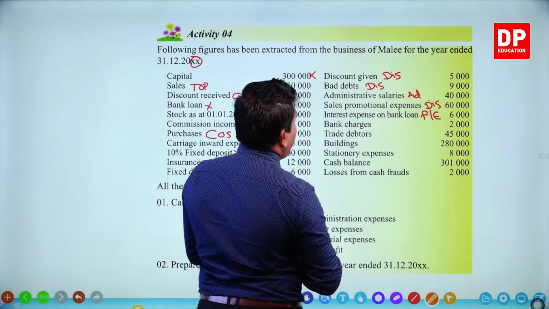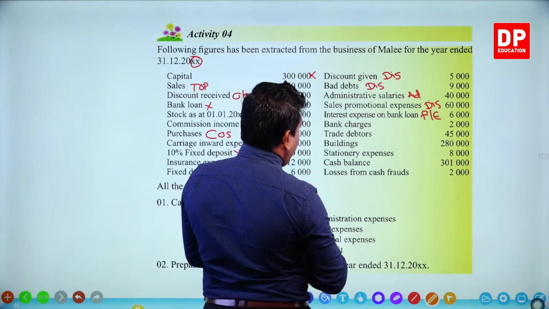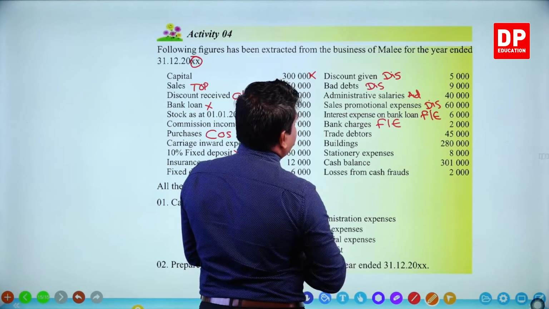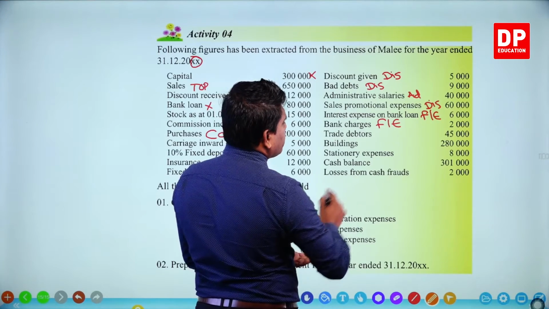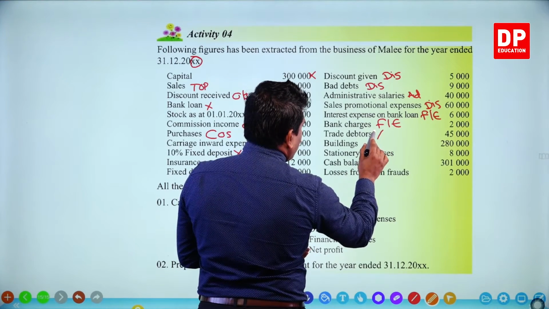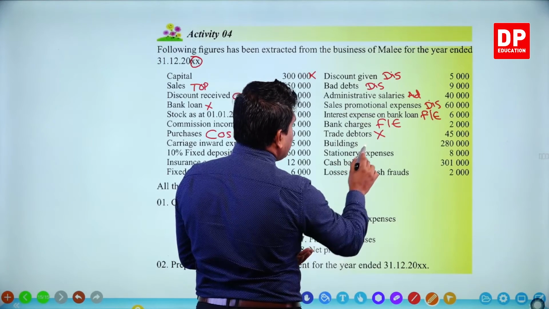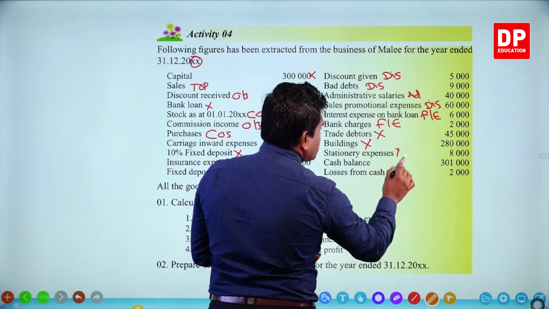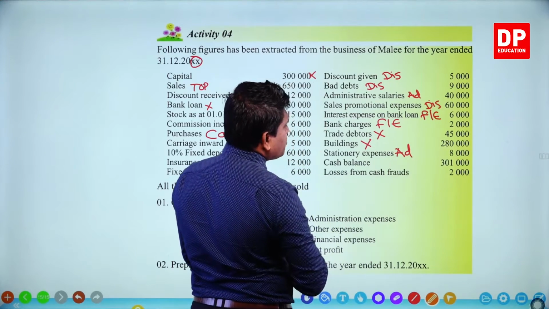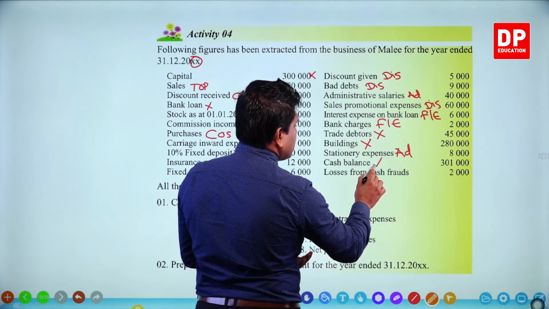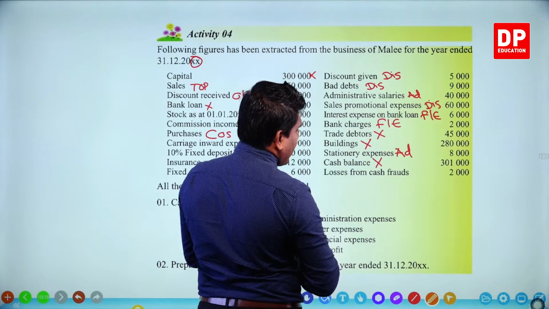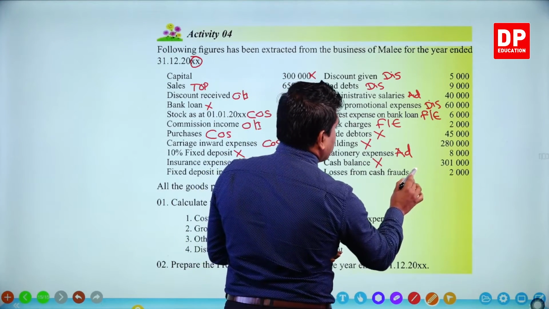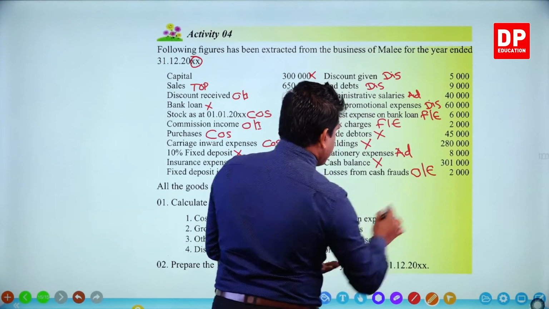Bank charges, financial expense. Then trade debtors, do you take them? No, because it's an asset. Building, asset, we don't take. Stationery expense, administration expense. Cash balance, do you take? No, asset. Losses from cash frauds go under the other expense category.